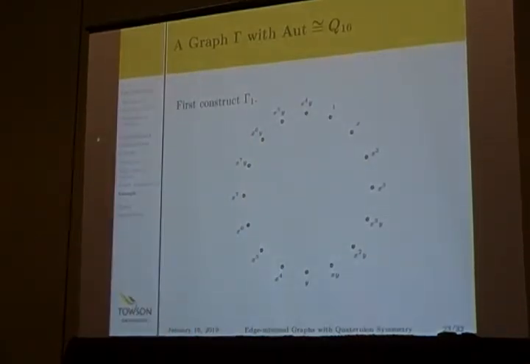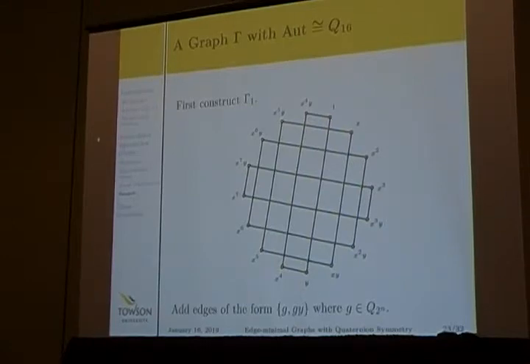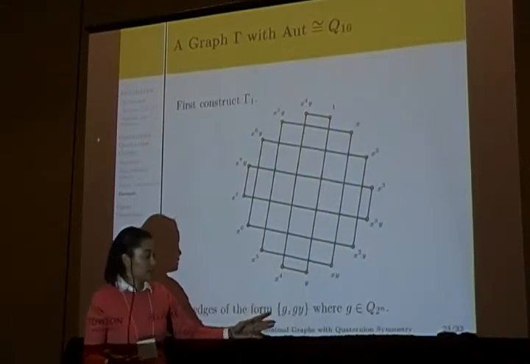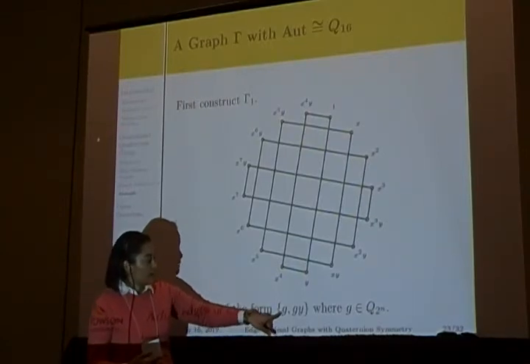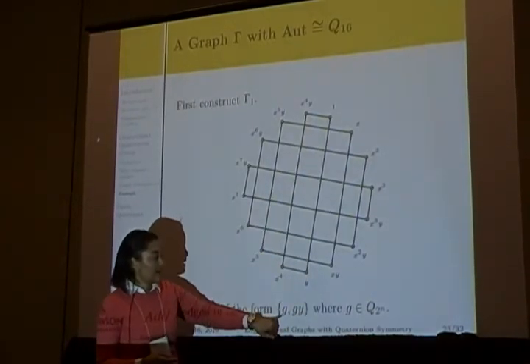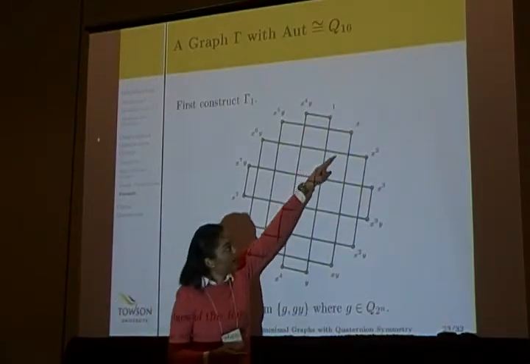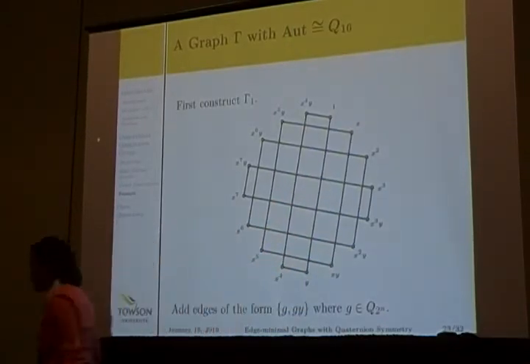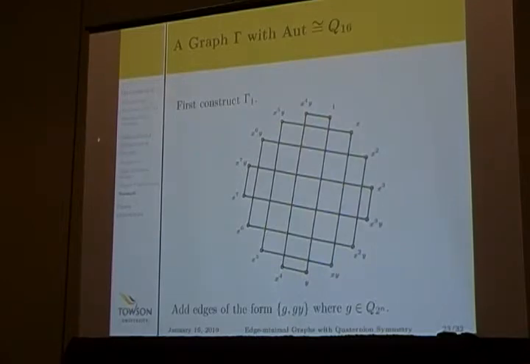I'm going to add in the edges that look like this form, G, GY. So for example, if G was 1, I've connected 1 and Y with an edge. If G was X, we've connected X and XY with an edge, and so on.